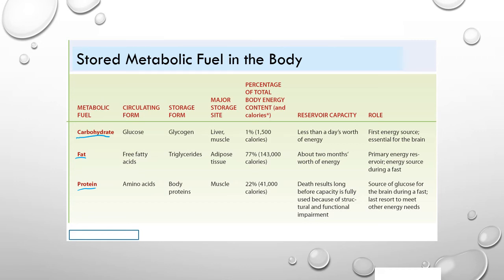You can pull energy from a couple of different reserves. We talked about before that when we have excess glucose, it gets stored away as glycogen, primarily in the liver and the skeletal muscle.